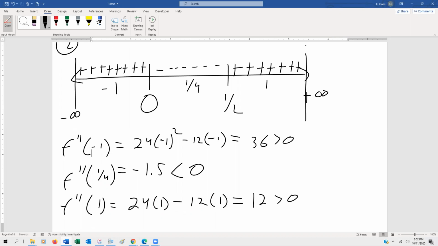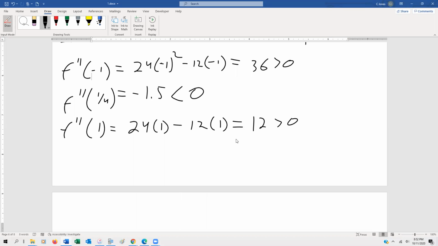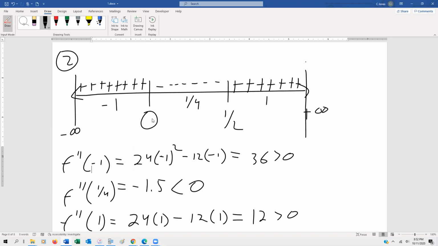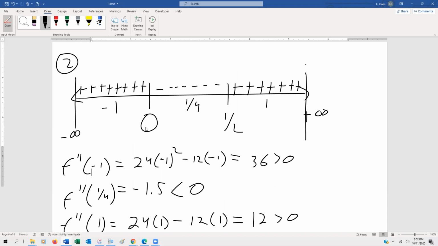So what does that mean for us? For a couple of intervals, we're concave up, which means the function is going to hold water, and for one interval, it's going to spill water. So this function is concave up from negative infinity to 0, and from 1/2 to infinity.